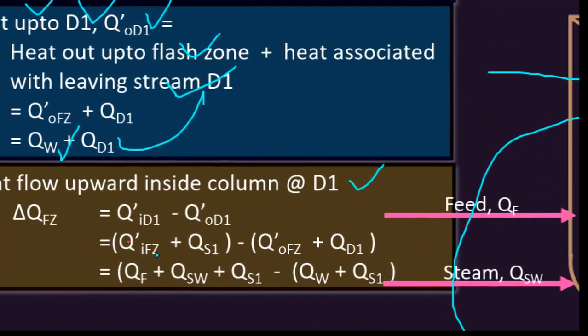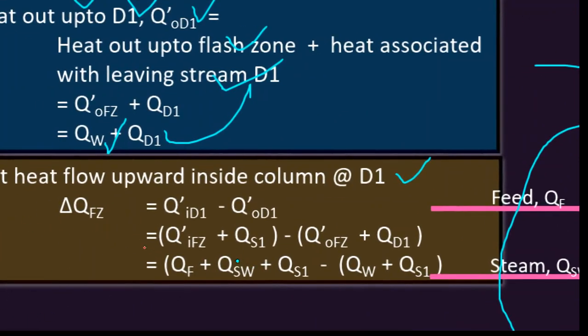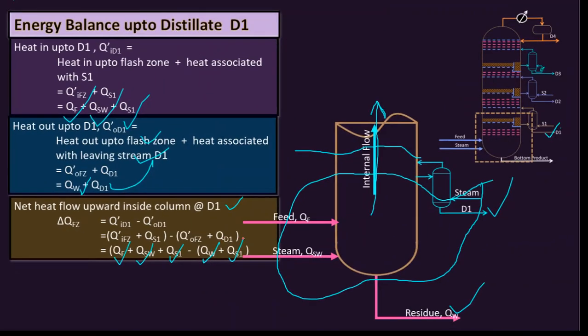If you put the heat in values QF, QSW, QS1, these are the heat in, and QW and QD1 are the heat out. In this way we can find the energy up to D1.